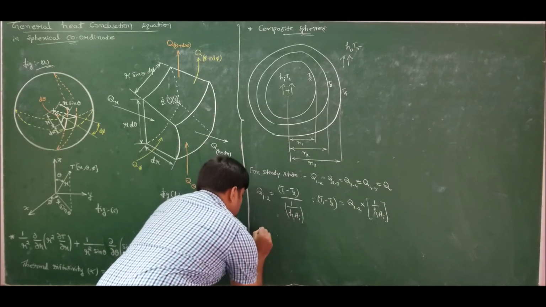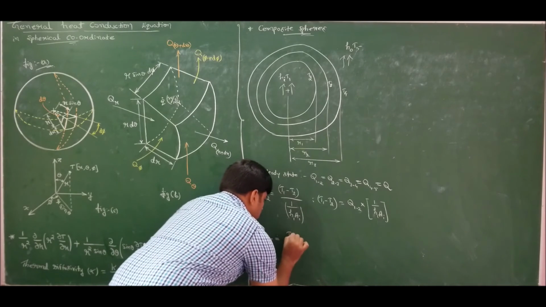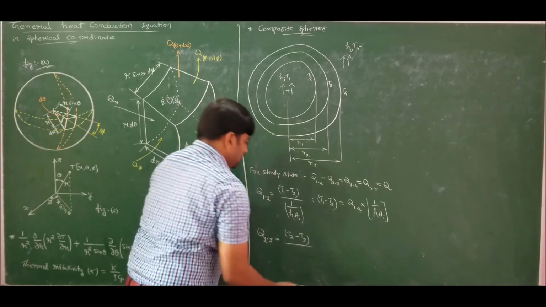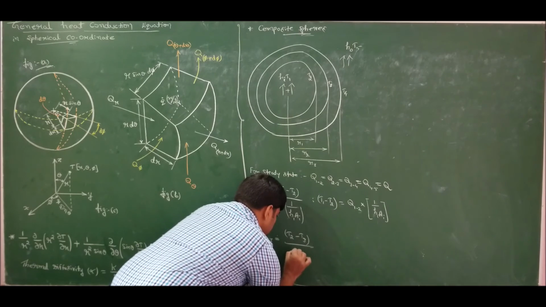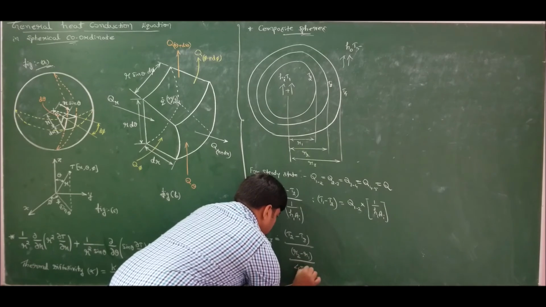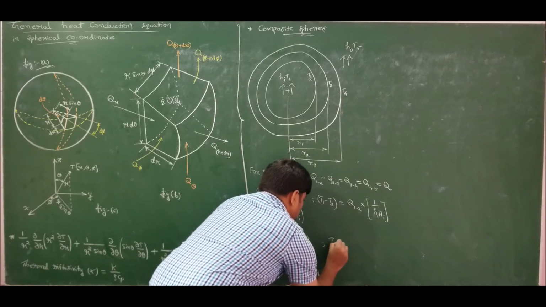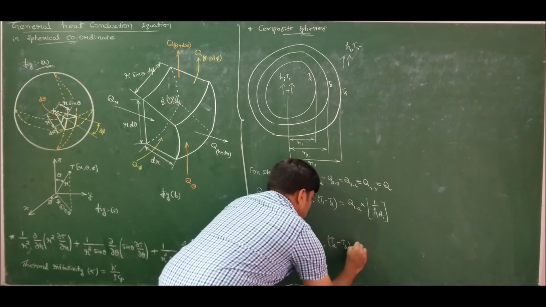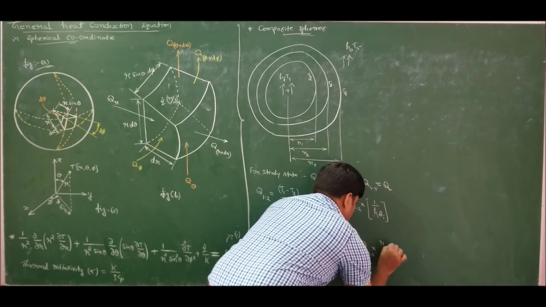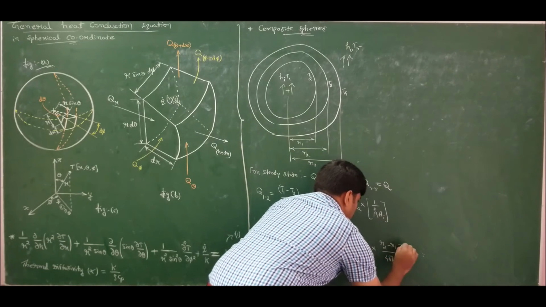Similarly, the rate of heat transfer between points 2 and 3 is T2 minus T3 divided by thermal resistance due to conduction for a sphere, which we have derived just now, that is R2 minus R1 divided by 4 pi K R1 R2. Hence T2 minus T3 will be equal to Q2 to 3 into R2 minus R1 divided by 4 pi K R1 R2.